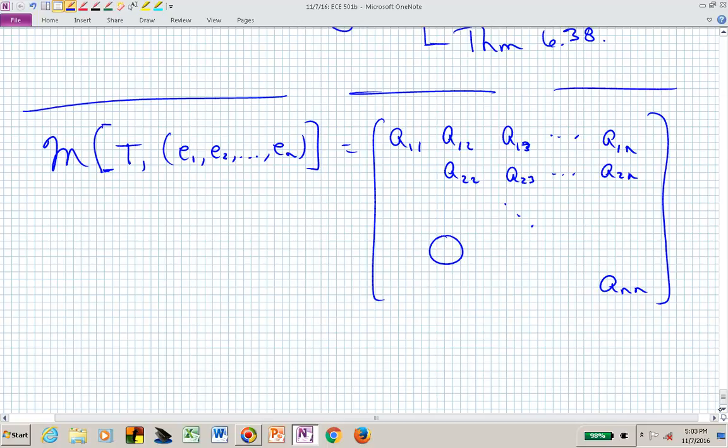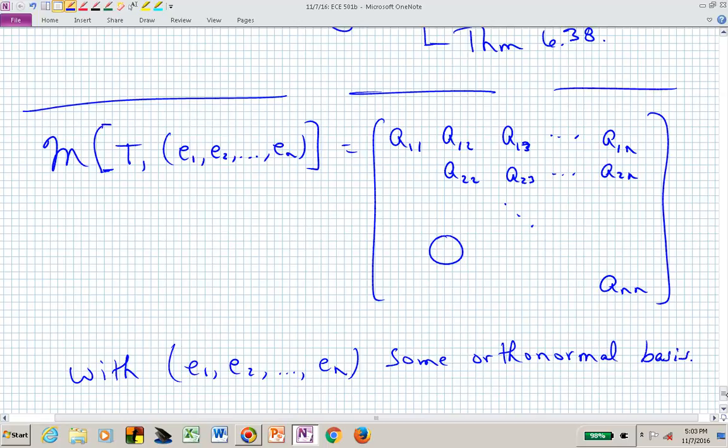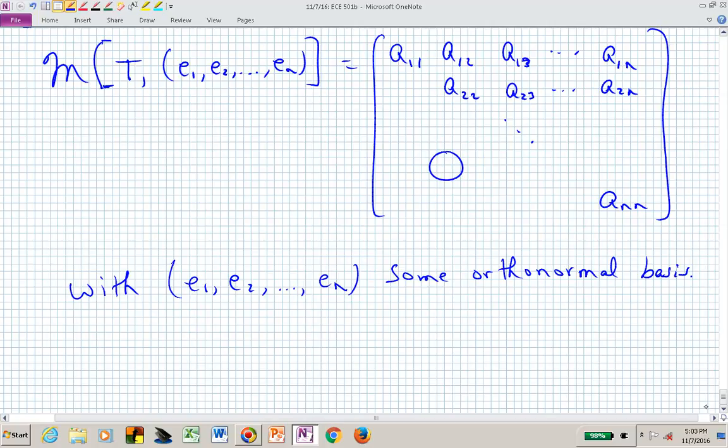And we can do that with this basis actually being orthonormal.